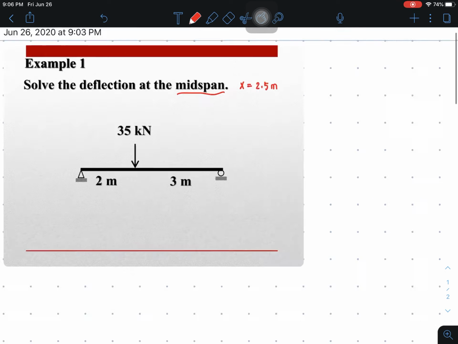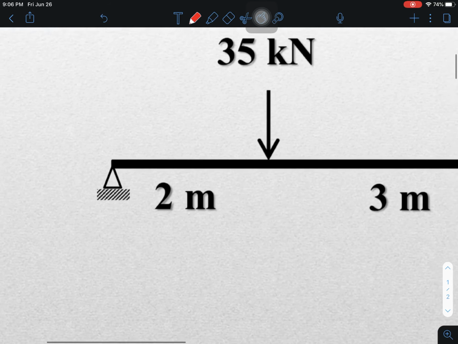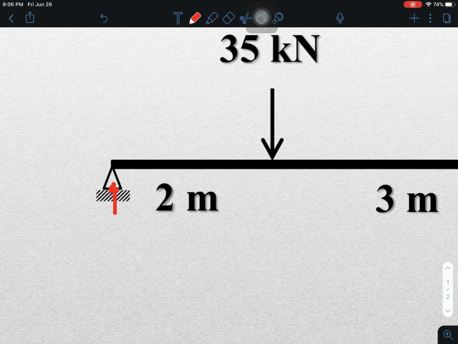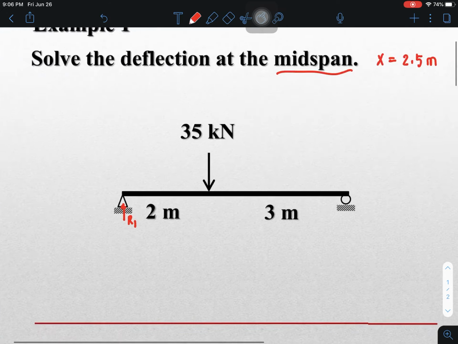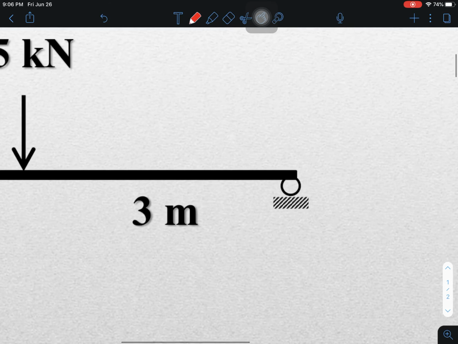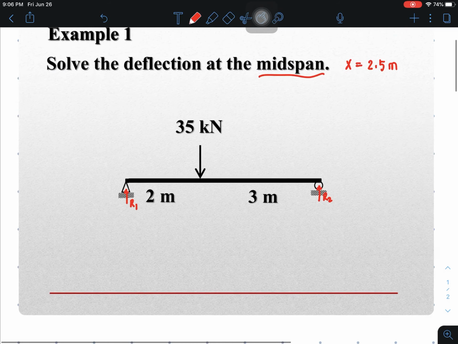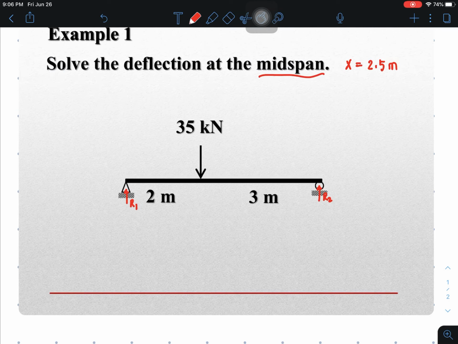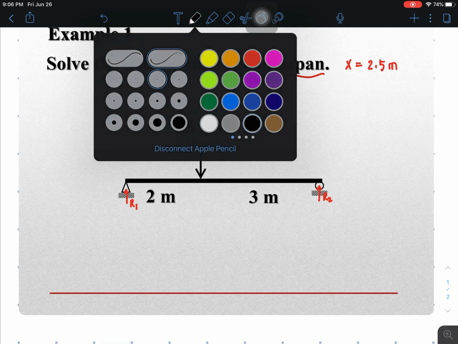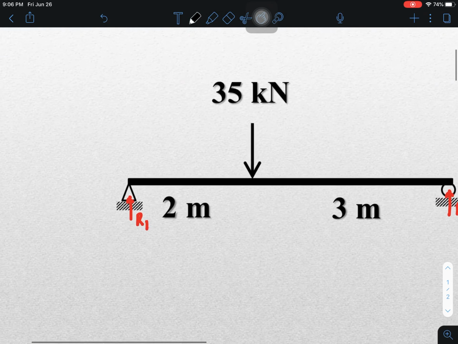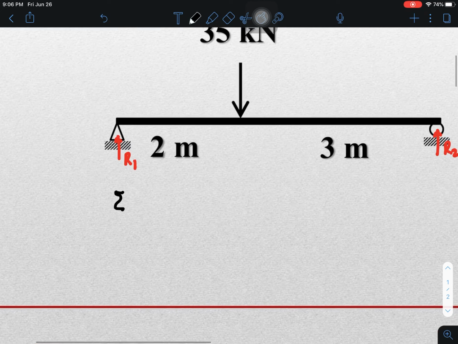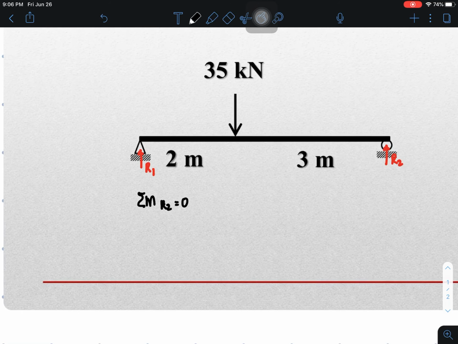So first things first, let us solve for the reaction. Anyway, we won't be getting the horizontal value of the reaction at R1, because it has nothing to do with the deflection. So we're going to solve for the reaction. Summation of moment about R2 equal to 0, to solve for R1.